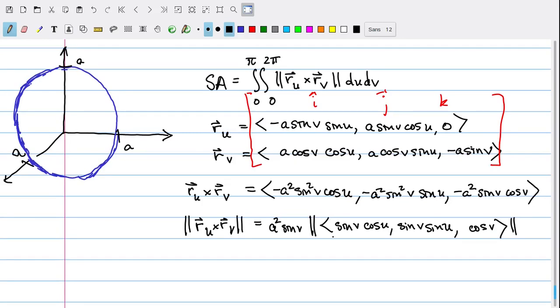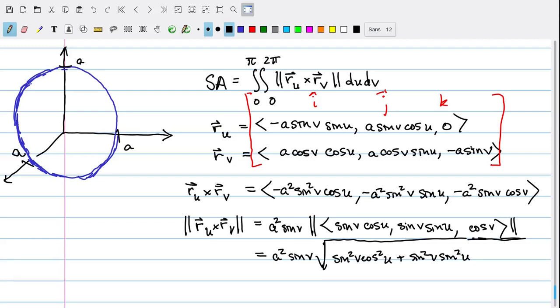I can ignore that minus sign because I'm taking absolute value. And the magnitude of that latter vector is going to be the square root of sine squared v cosine squared u plus sine squared v sine squared u plus cosine squared v.